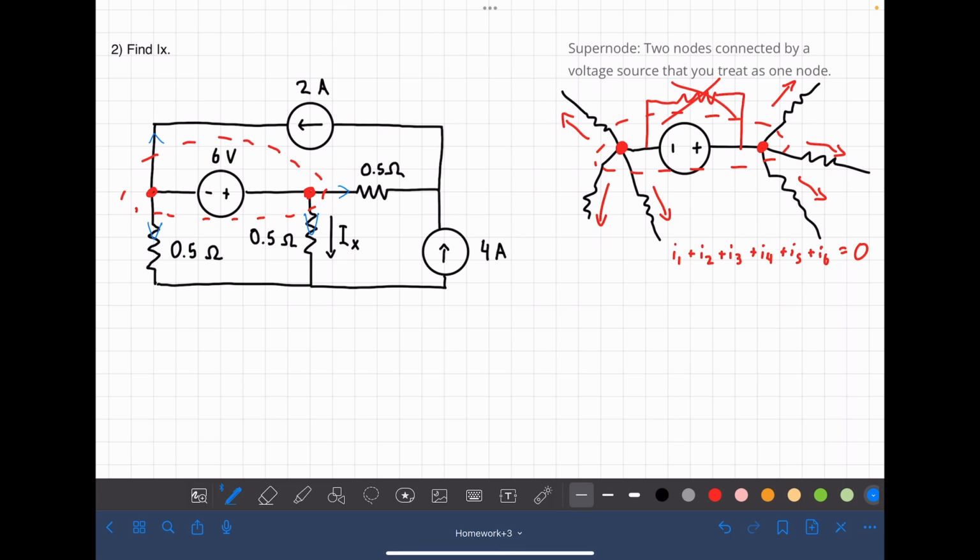So when we're writing the equation for this supernode, we need to label them first. So I'll say I2, I3, I4. We can just set all these to 0.